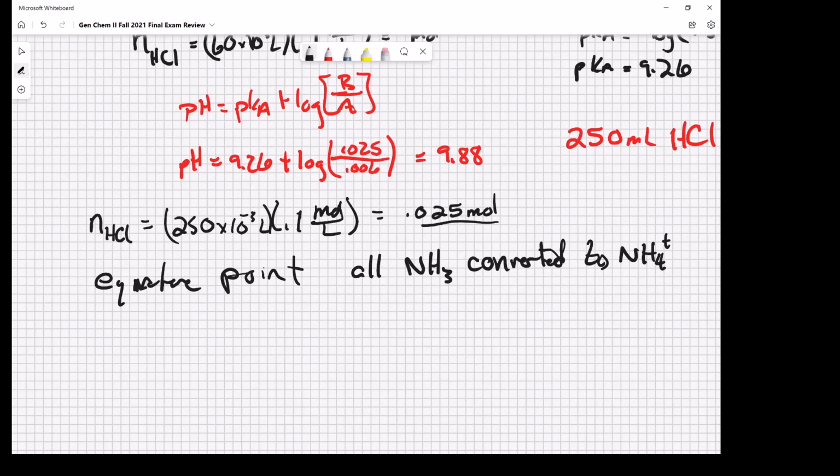But we also know it's not going to stay like that. NH4 plus is the conjugate acid of a weak base, so it can react just like an acid reacts. We can have NH4 plus and H2O establish an equilibrium with NH3. And what's the other product?